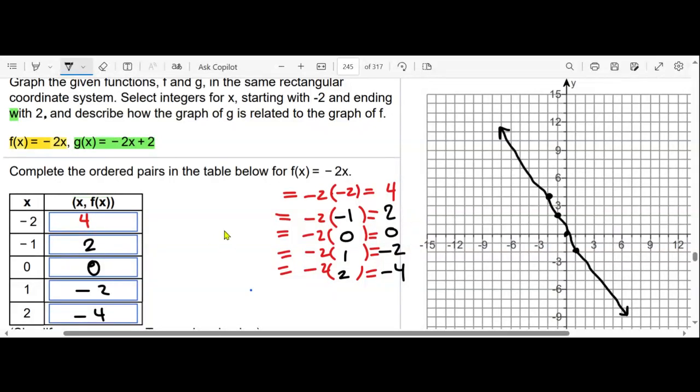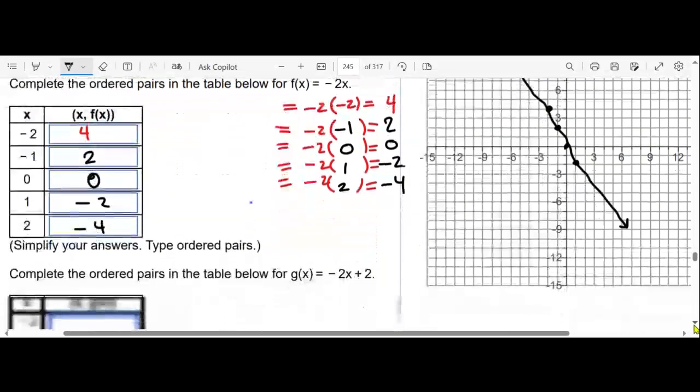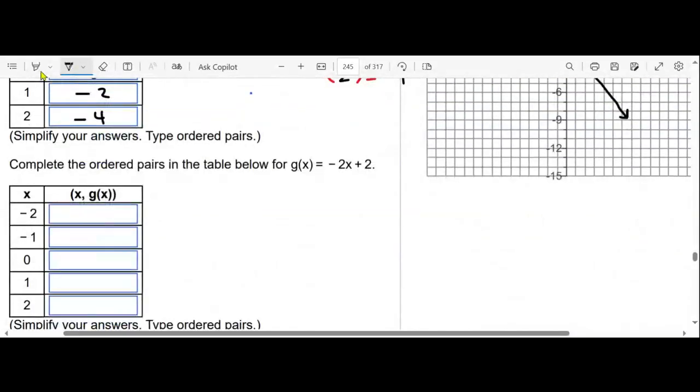Okay. Now let's go for the second equation here, which is -2x plus 2. We'll do the same thing here.